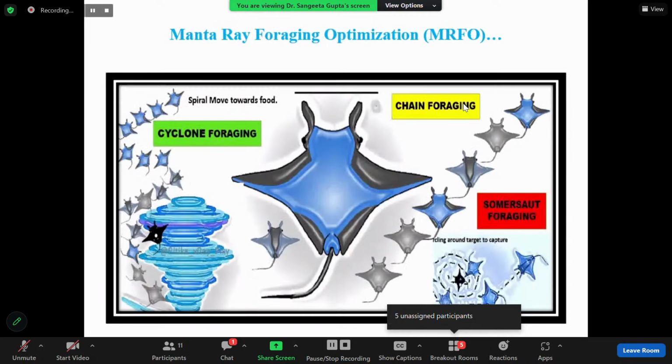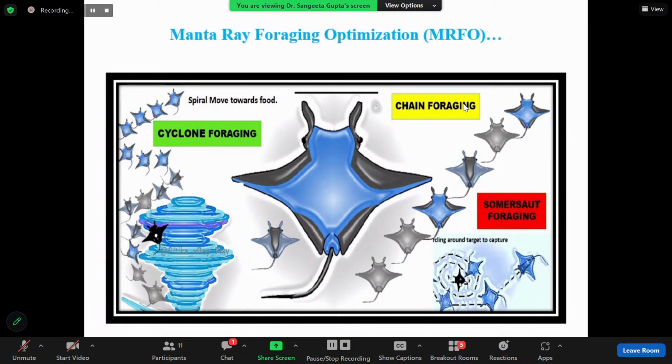The second is cyclone foraging, which is also used by whales with this same strategy. In cyclone foraging, when the plankton's concentration is very high, they again gather together like a cyclone structure, form a long foraging chain and swim towards the target in a spiral. And third is somersault foraging.